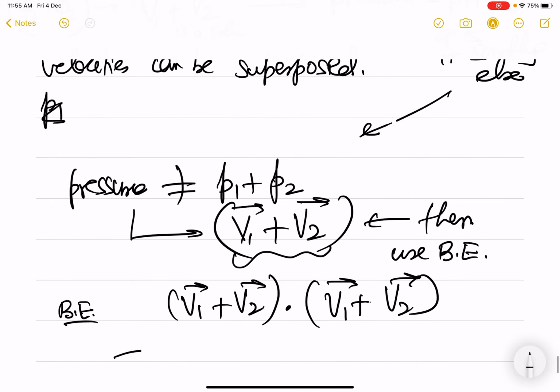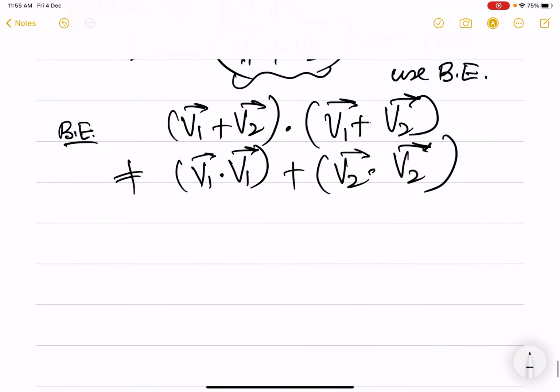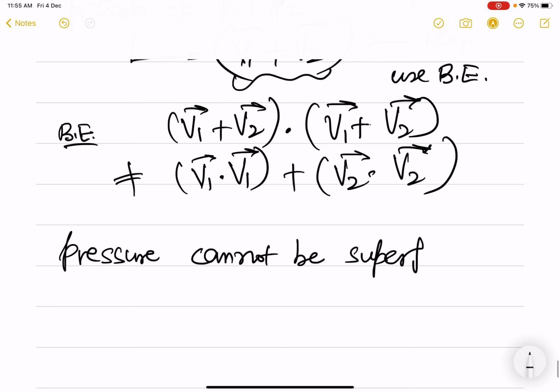And this clearly is not equal to v1 dotted with v1 plus v2 dotted with v2. So pressure cannot be superposed. Okay, so this is what we have.